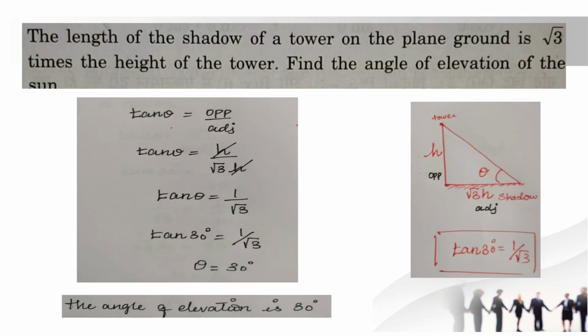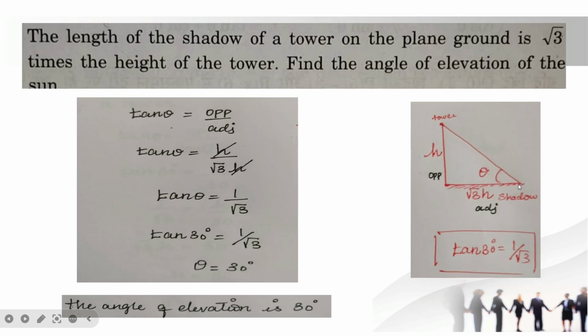Let's look at the next question. The length of the shadow of the tower on the plain ground is root 3 times the height of the tower. Let's consider this as the tower and this shadow will be falling on the ground, so this horizontal line is the shadow.